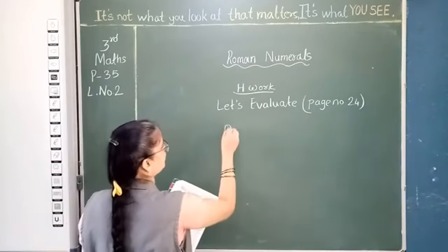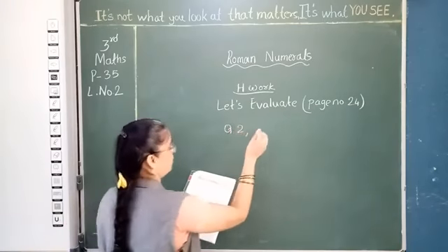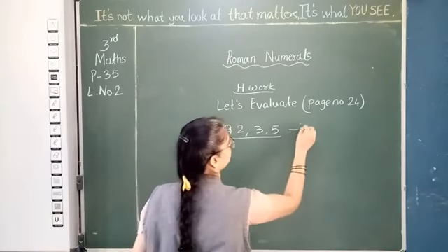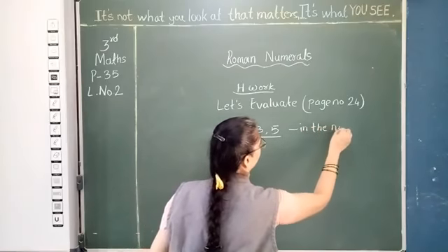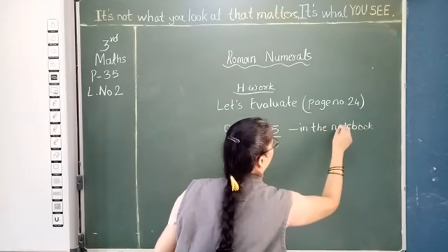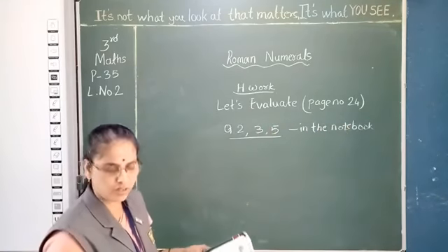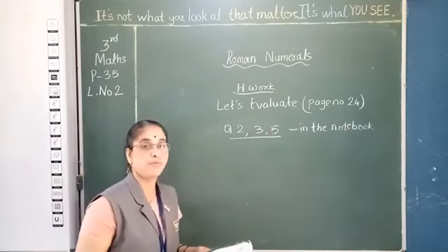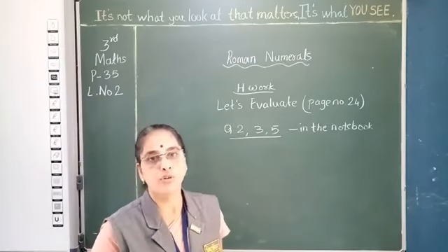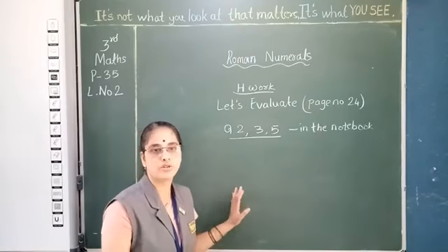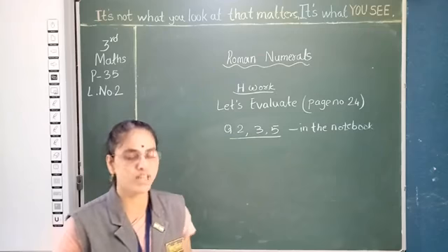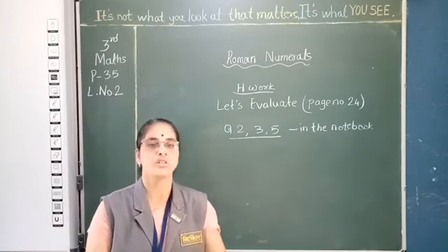You are going to write question number 2, then 3 and 5. These 3 questions in the notebook. And as I told you, you are going to complete all 1 to 40 Roman numerals also in the notebook.